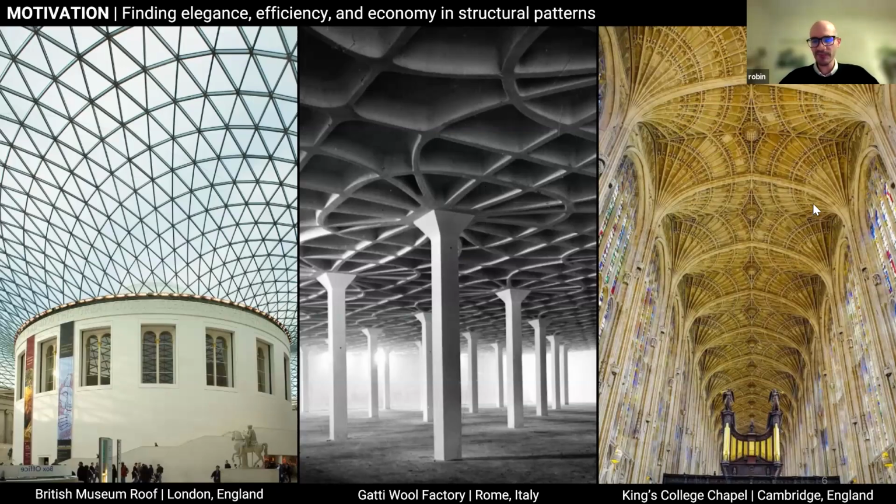And here, that's the King's College Chapel in Cambridge, in the UK. You can see that in this fan vault you have this array of elements that also bring forces towards the columns. But more particularly, you have these regular ribs, and here you have these thicker ones.